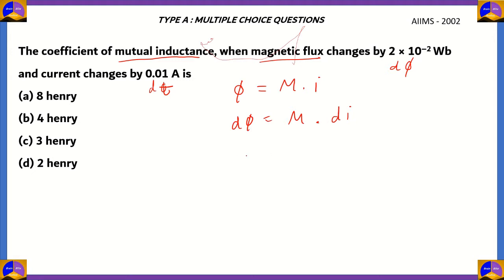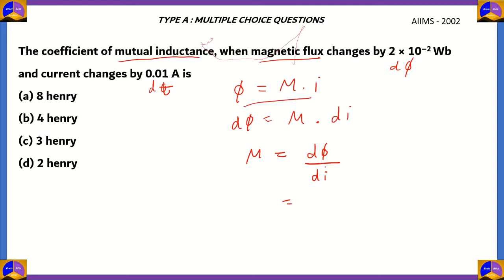Which now we can write as M is equal to d phi divided by di. So change in flux divided by change in current. So it's using this formula.